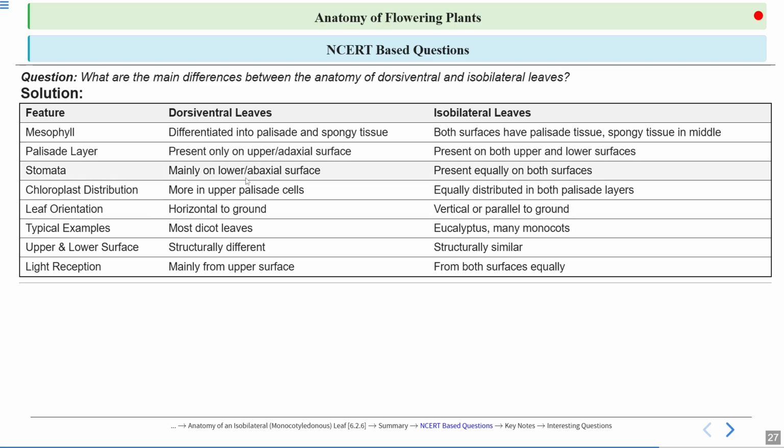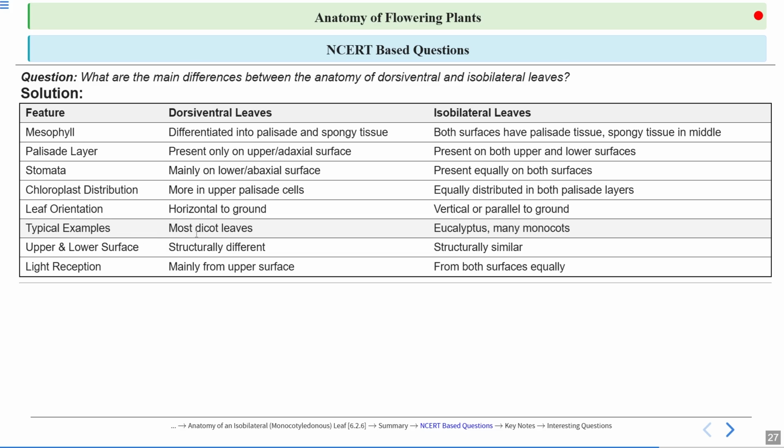Stomata are only on the lower surface in dorsiventral, and they are present on both the surfaces in isobilateral. Chloroplast distribution: more in palisade cells, versus equally distributed in the cells. Leaf orientation: horizontal to the ground means dorsiventral, while isobilateral is vertical to the ground.